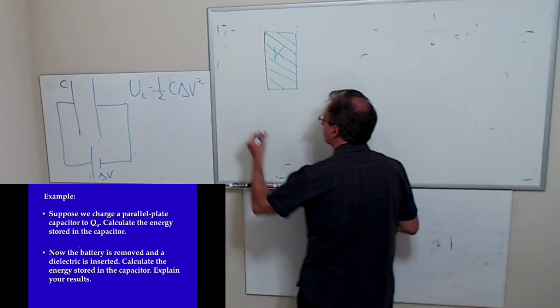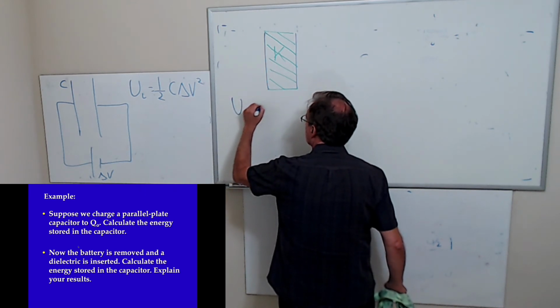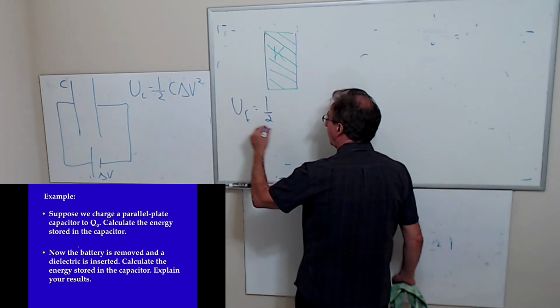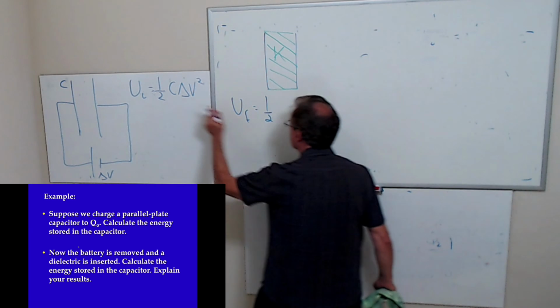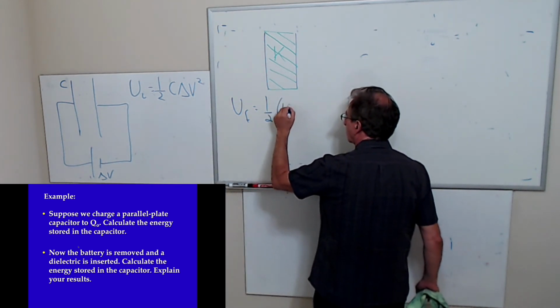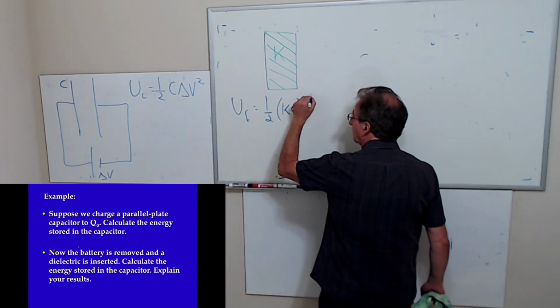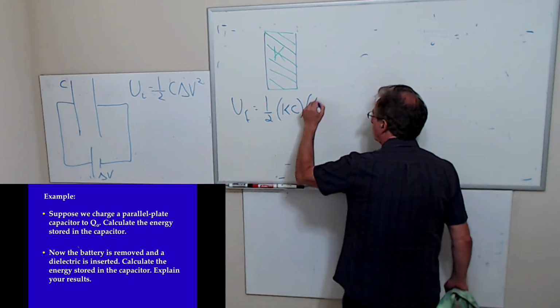Well, then U final is going to be 1/2. So the capacitance increases by a factor of kappa, but the voltage decreases by a factor of kappa.